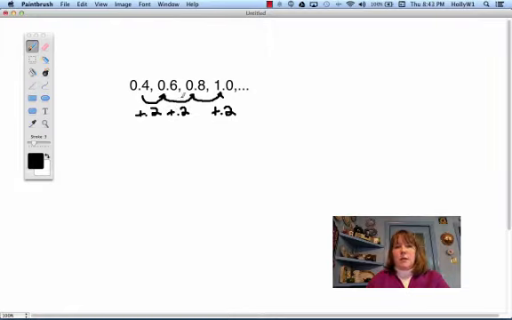Okay, let's think about this as adding. So in all cases, we added 2/10 to get to the next one. So the next term is 1 plus 2/10, which gives us 1.2.